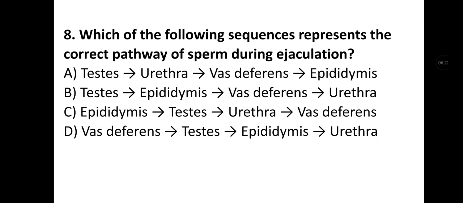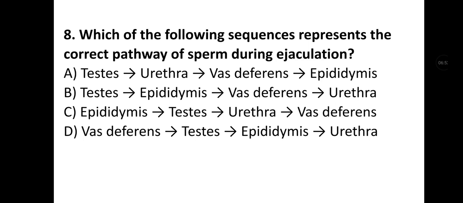Question number 8. Which of the following sequences represents the correct pathway of sperm during ejaculation? Option A, testis, urethra, vas deferens, epididymis. Option B, testis, epididymis, vas deferens, urethra. Option C, epididymis, testis, urethra, vas deferens.